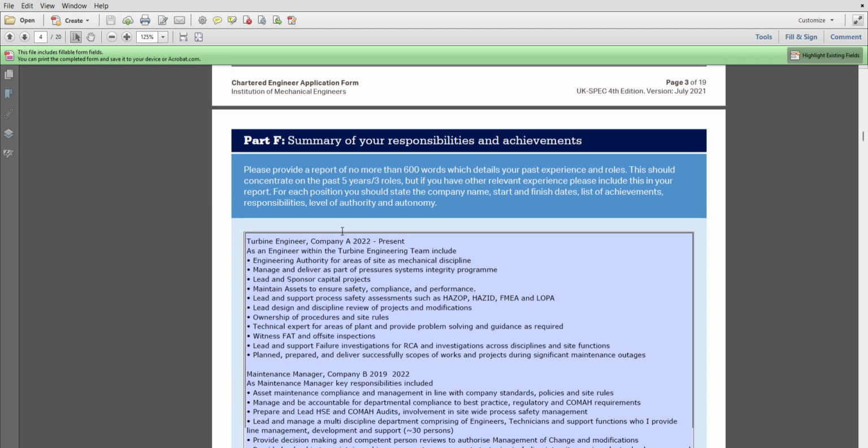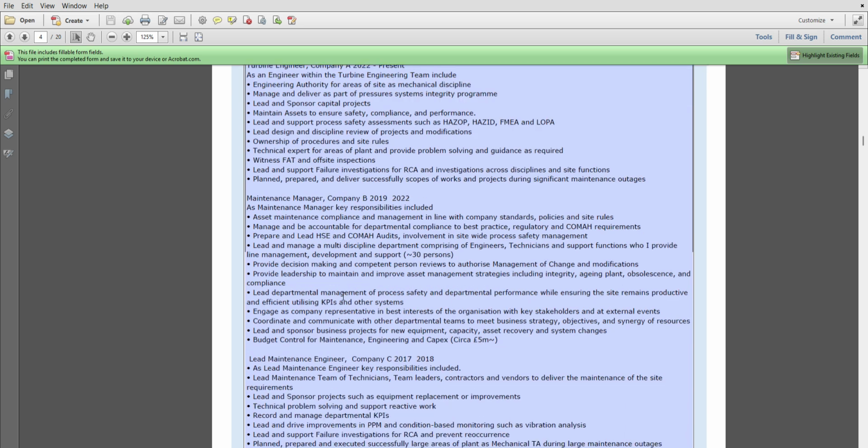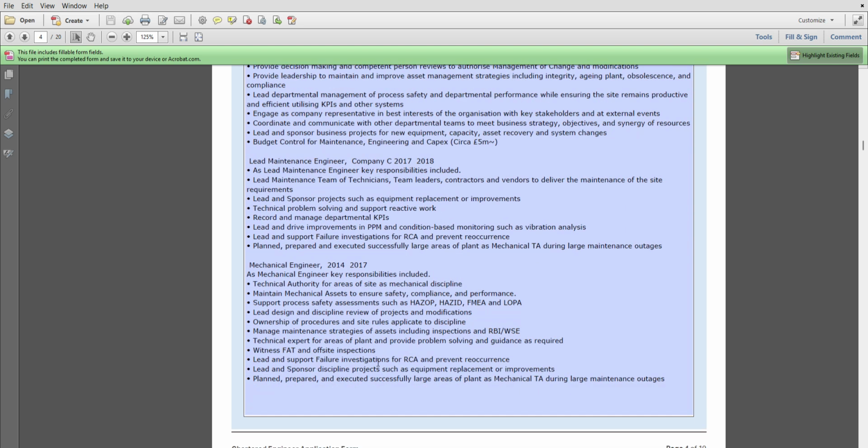Under part F, you provide a summary of your responsibilities and achievements. So this is like a CV, and the candidate has basically started from 2014.